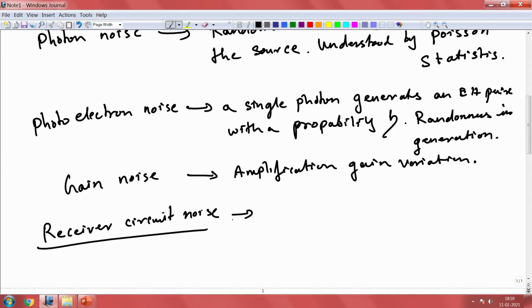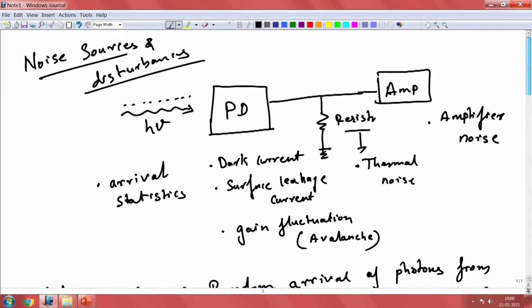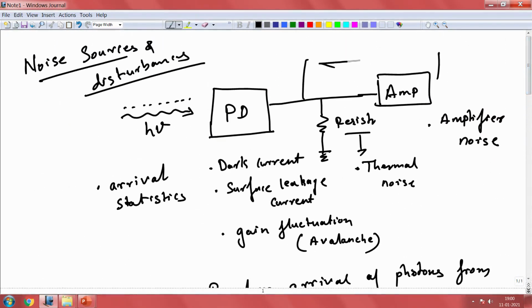Here you have various components that could add to your noise. You have noise from the electric circuit. You have resistors and you have amplifiers, all these things that are outside, where you work with the electrons.